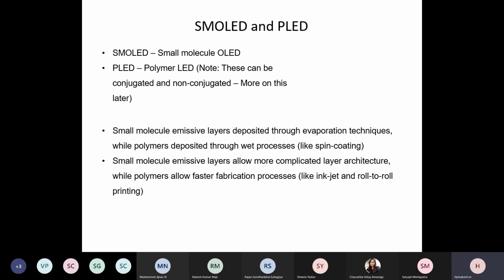One example where complicated deposition for small molecule emissive layers is relevant is when making white color LEDs, and we'll look at that later. We can deposit 3 different colors in 3 different stacks, and when light emits from them, the mixing of the colors can lead to formation of white light. So those need a little complicated architecture, which is achievable by small molecule organic LEDs.